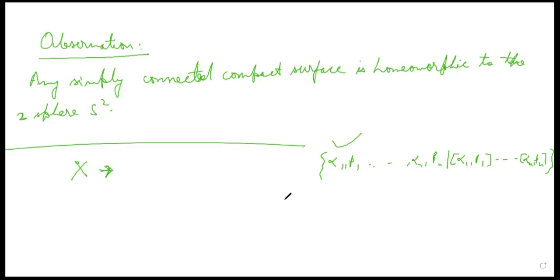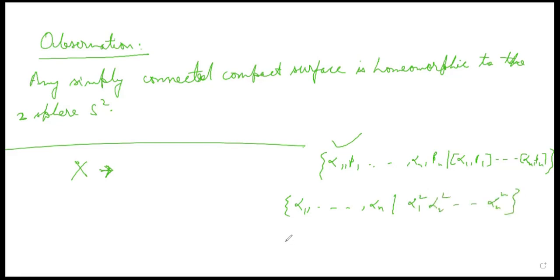And this connected sum of n projective planes has a fundamental group which can be presented like this: alpha 1 square through alpha n square.